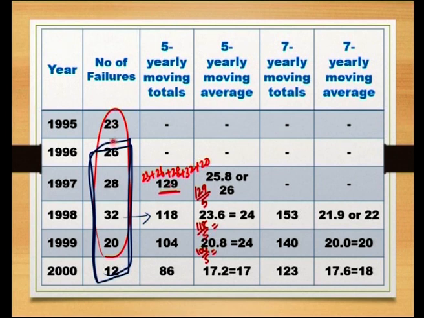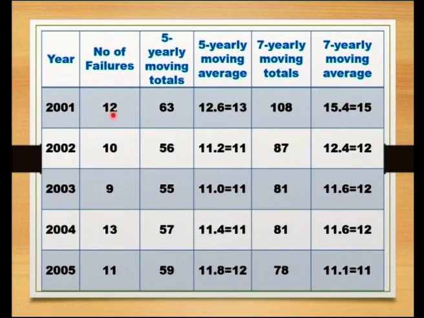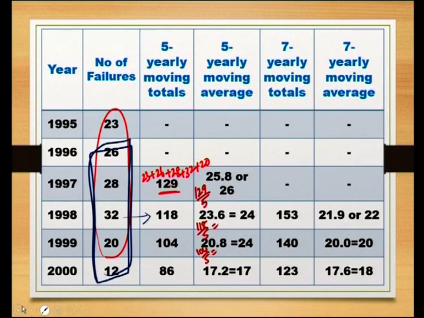So, 23 plus 26 plus 28 plus 32 plus 20 plus 12 plus 12 gives you the 7-yearly moving total as 153, written in the middle of the first 7 values. The middle of the first 7 values corresponds to the year 1998, and it is 153. Next, 153 divided by 7 gives you 21.9 or 22.